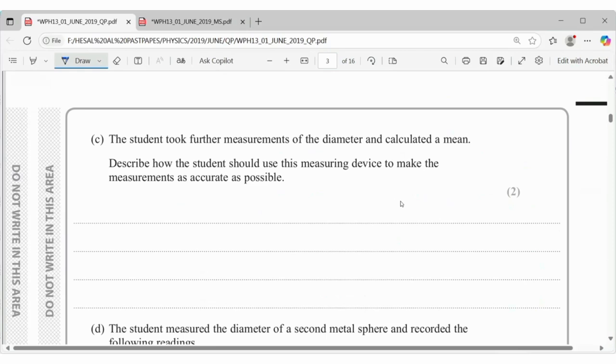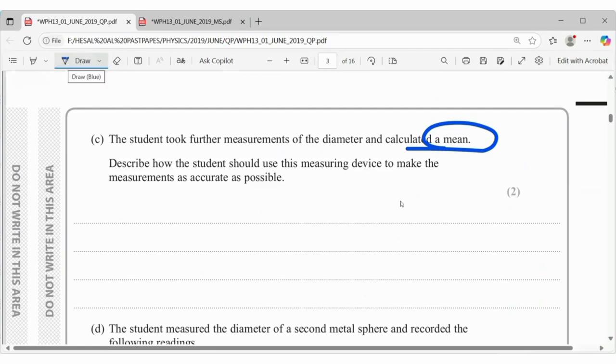In C part, the student took further measurements of the diameter and calculated the mean. In this question, it talks about the mean. Describe how the student should use this measuring device to make the measurement as accurate as possible.